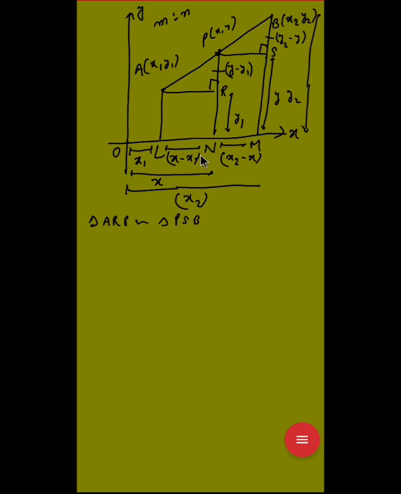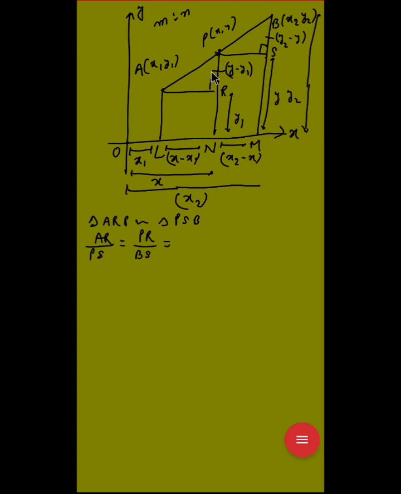Guys, you should know the property: when two triangles are similar, their corresponding sides are proportional to each other. So I have written AR by PS is equal to PR divided by BS.